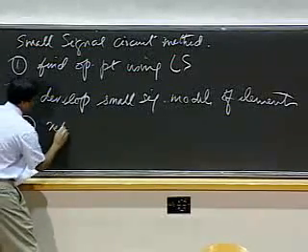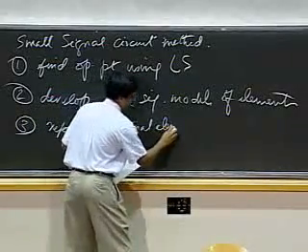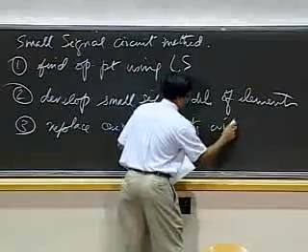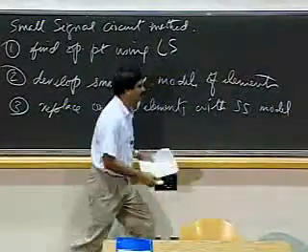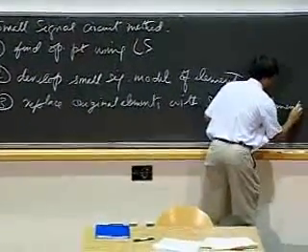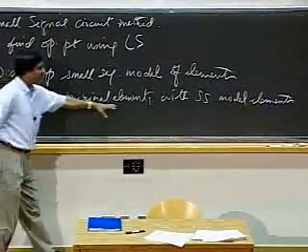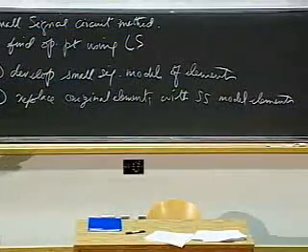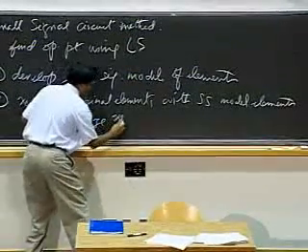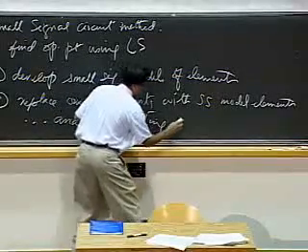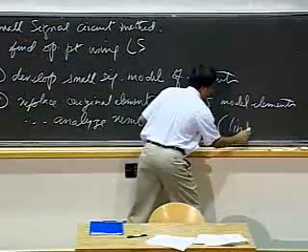Third step is replace: simply take the large elements and replace them with their small signal equivalent models. Then analyze the resulting circuit. And that circuit will be a linear circuit.